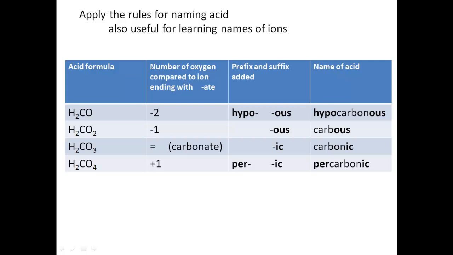We're going to look for the number of oxygen compared to the ion that ends with ATE. In other words, we know that there's an ion called carbonate. So we're looking here for ions that contain an element and oxygen, because we're naming oxygen containing acids, oxyacids. So we know that carbonate is CO3.